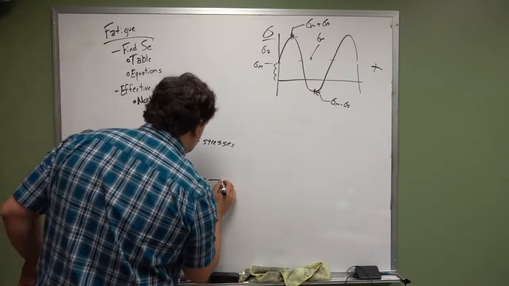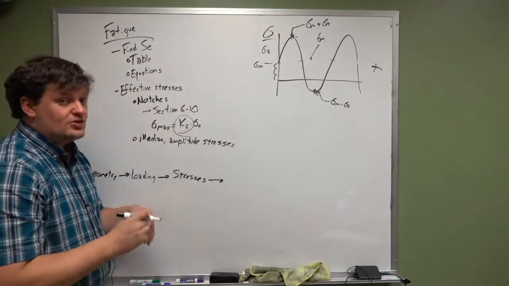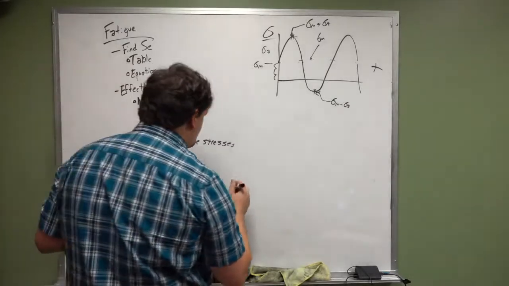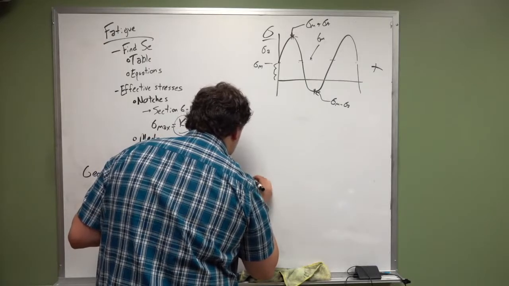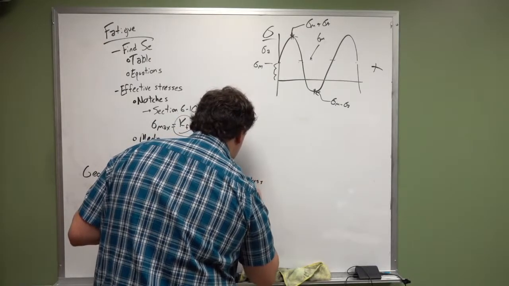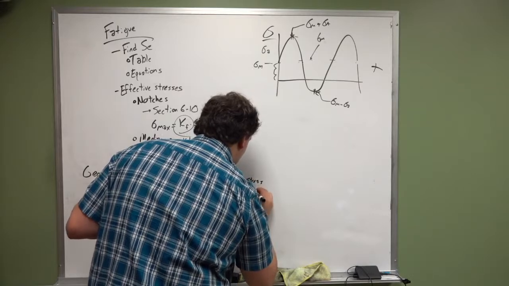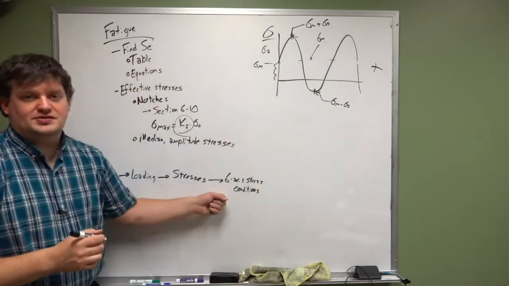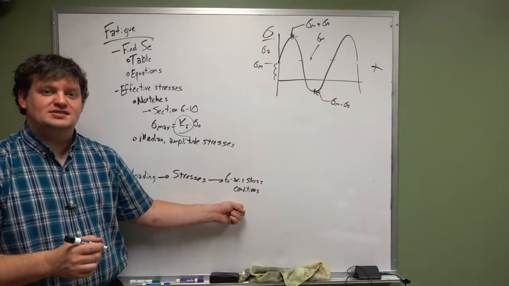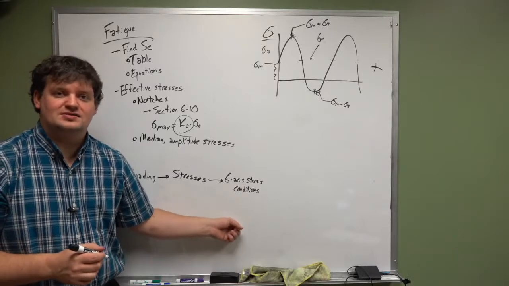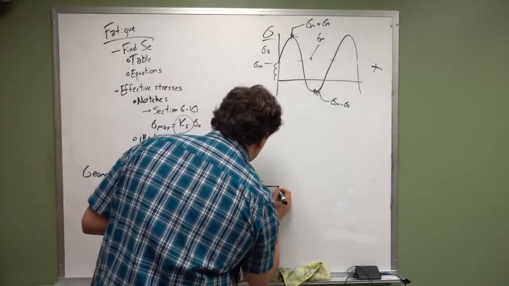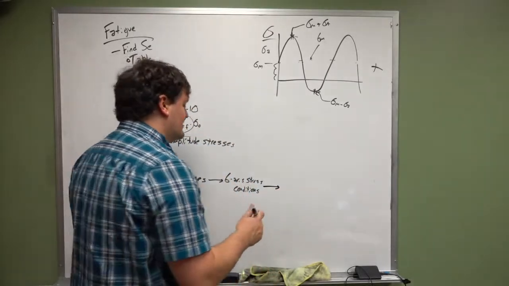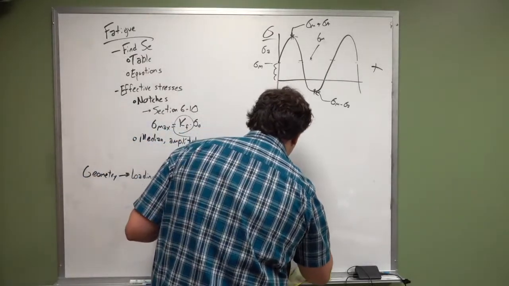Once you understand those, you add them together, figure out their dimensions and directions, and come up with your 6-axis stress conditions. That's where you have sigma x, sigma y, sigma z, tau xy, tau yz, tau xz. Once you have your 6-axis stress conditions, you figure out your principal stresses.